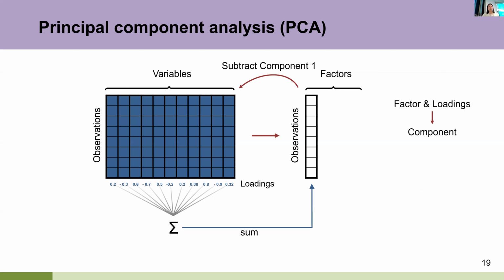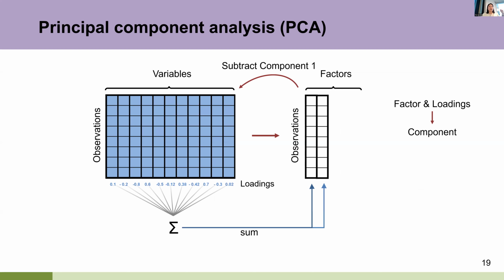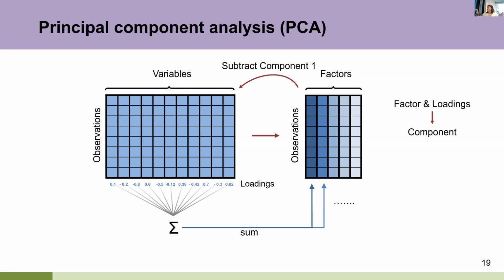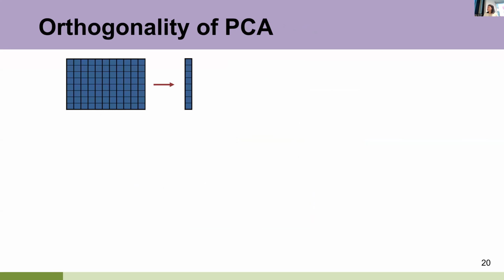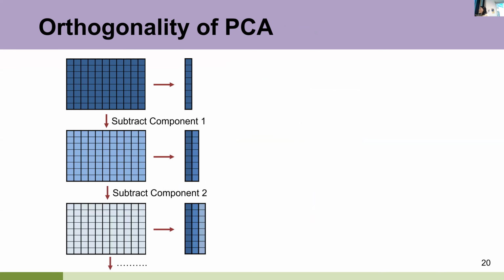After I get this factor, I subtract all the information that's captured by this factor from the original data. And then I repeat the process again to get the second one. And I just keep repeating that until there's no information left in my data. So you can see this step: I extract, I subtract, and then I extract again. Because of the subtraction, each factor is unrelated to one another.